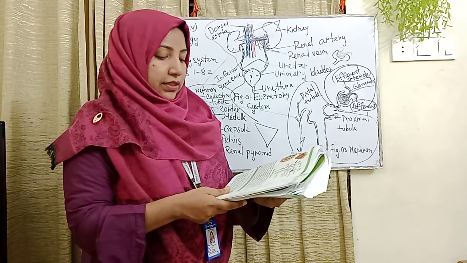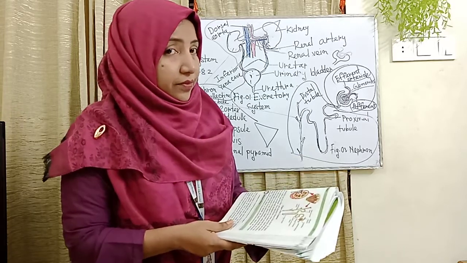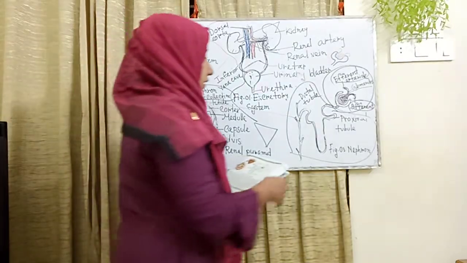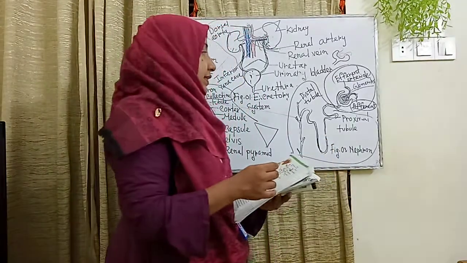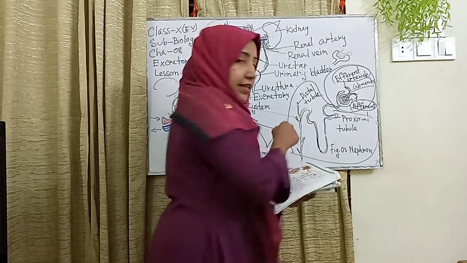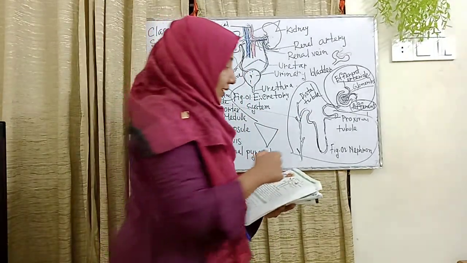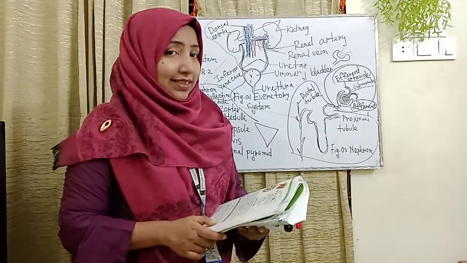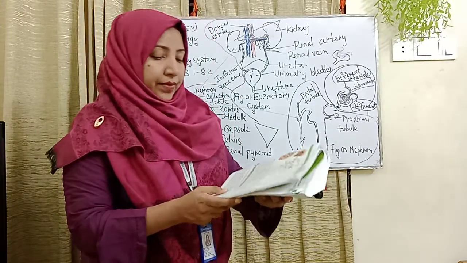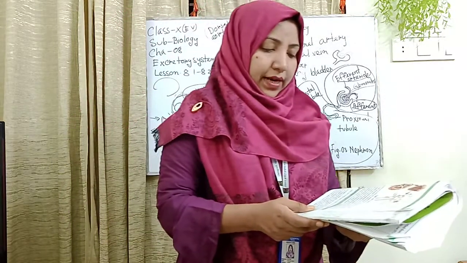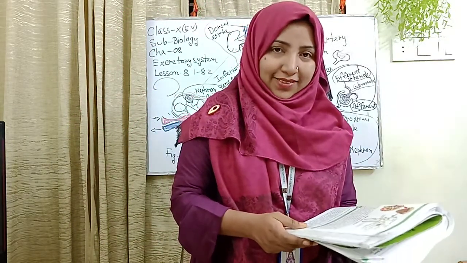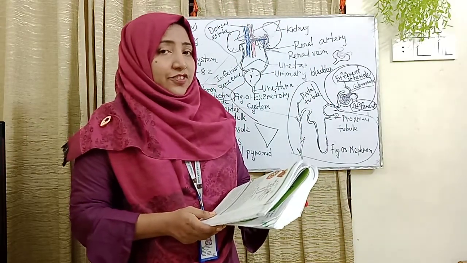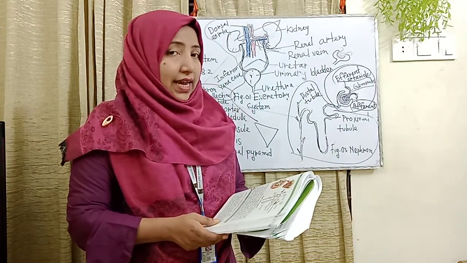Each renal tubule is divided into three regions: first the proximal tubule, second the distal tubule, and third the Henle's loop. Here, I have finished the structure of the kidney and nephron.